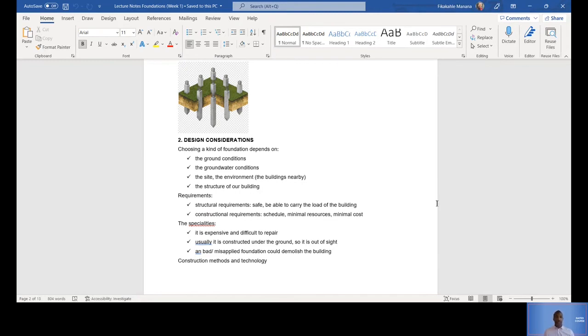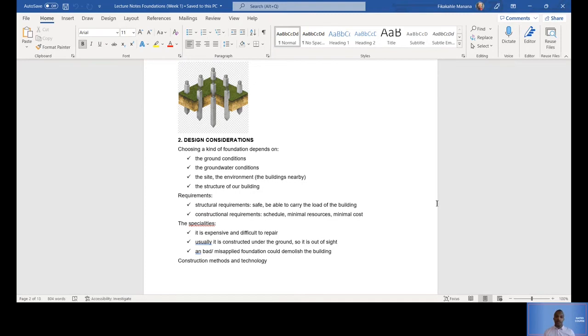That all matters. Then there are the site conditions, the environment surrounding the building and the site. Is it a busy place with other buildings around, or is it just bush, or a mountain, or a valley? What type of environment is it?